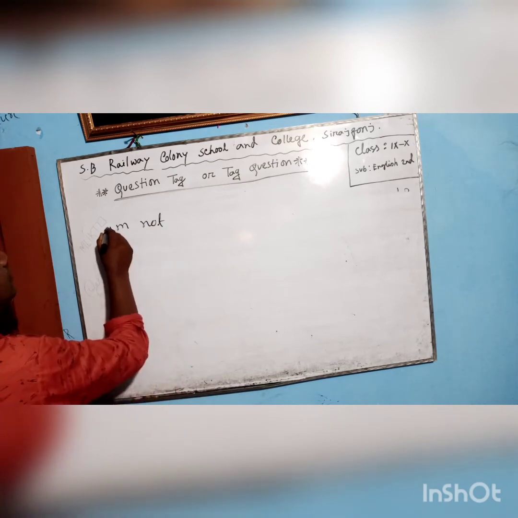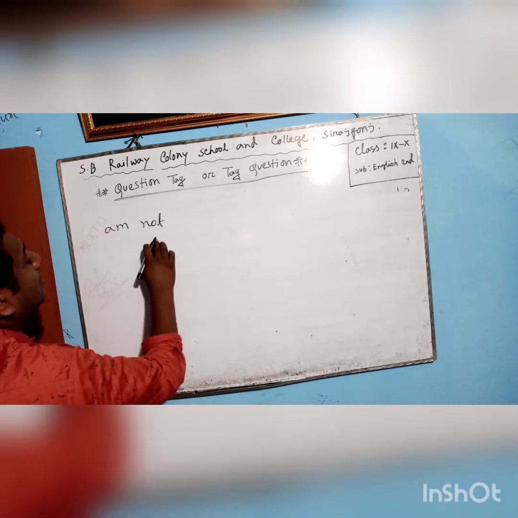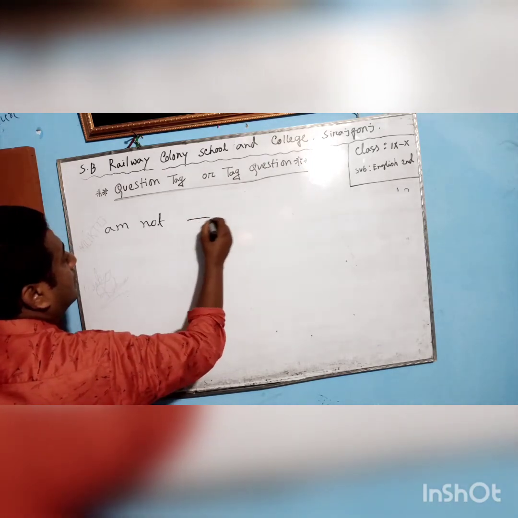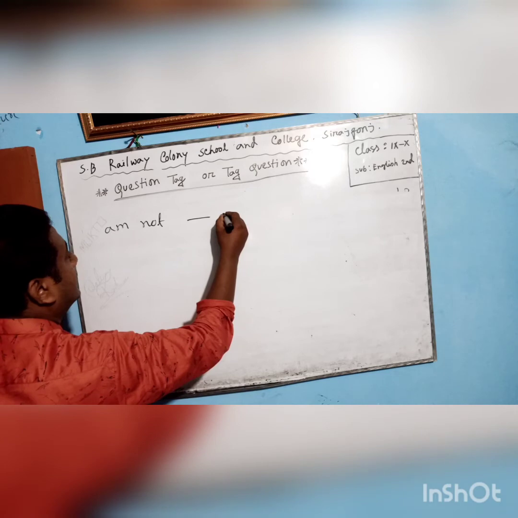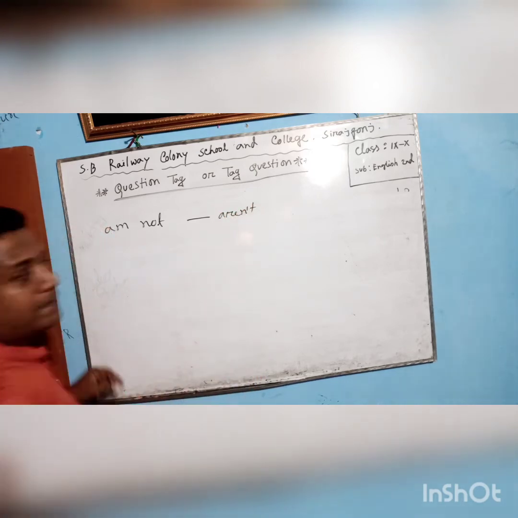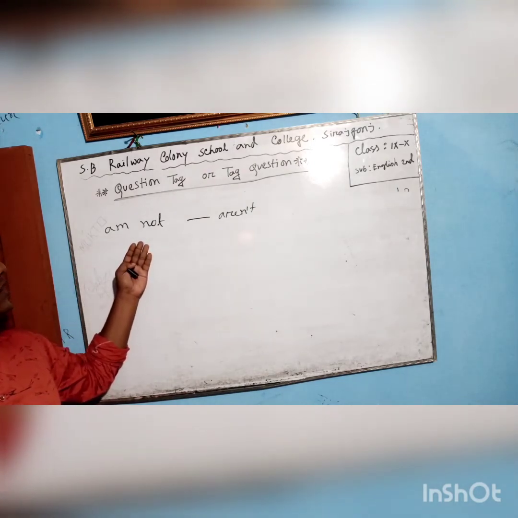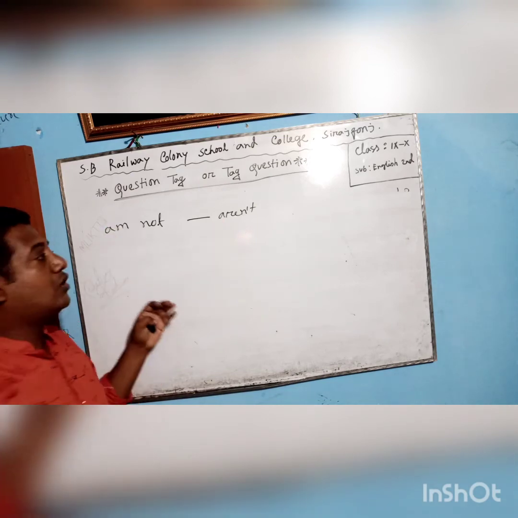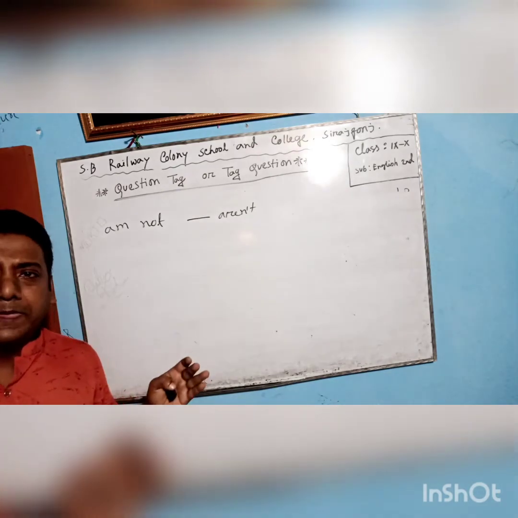If you find am not, you write aren't. That means am not, its shortened form is aren't, not amn't. Do you understand?